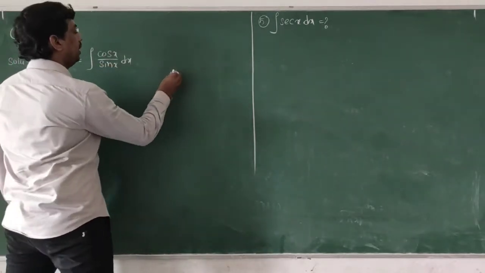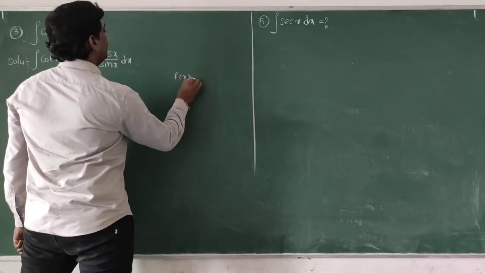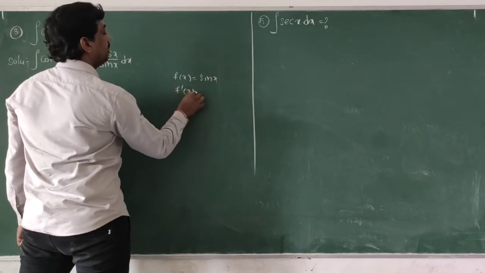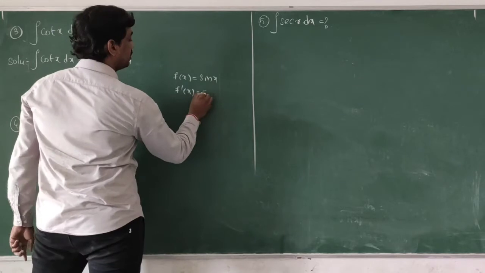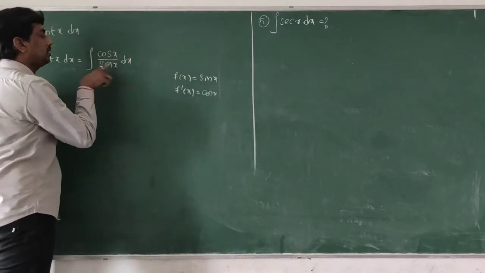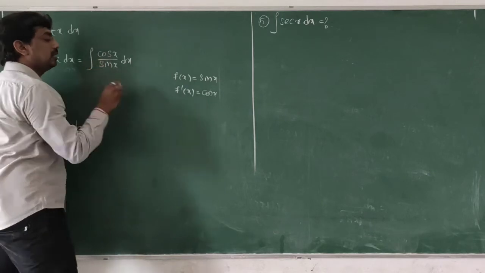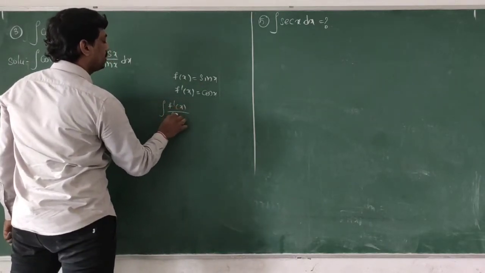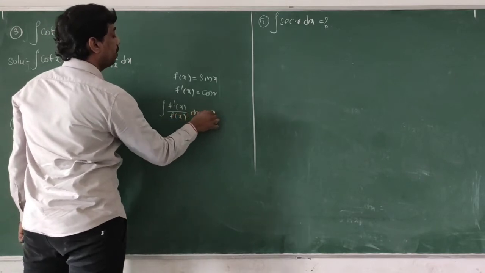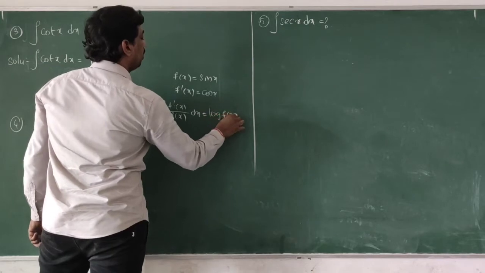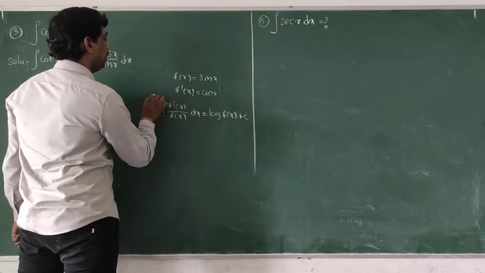If we take f of x as sin x, then f dash x, the derivative of sin x, is cos x. So this is in the form of integration of f dash x by f of x dx, whose formula is log of f of x plus c.